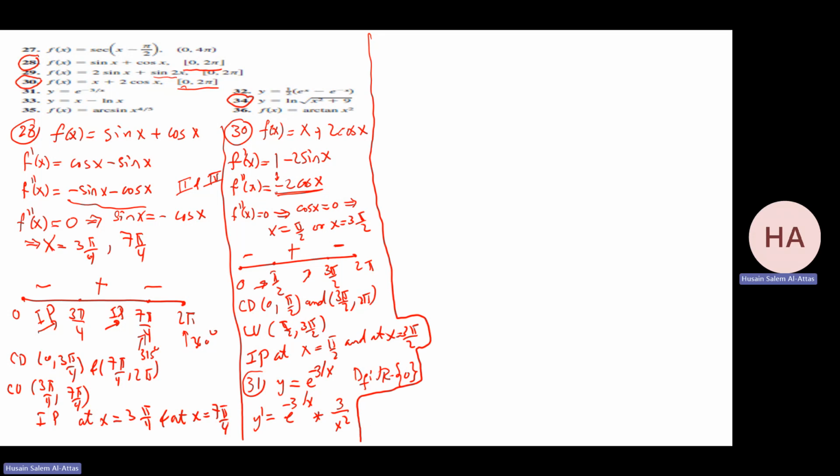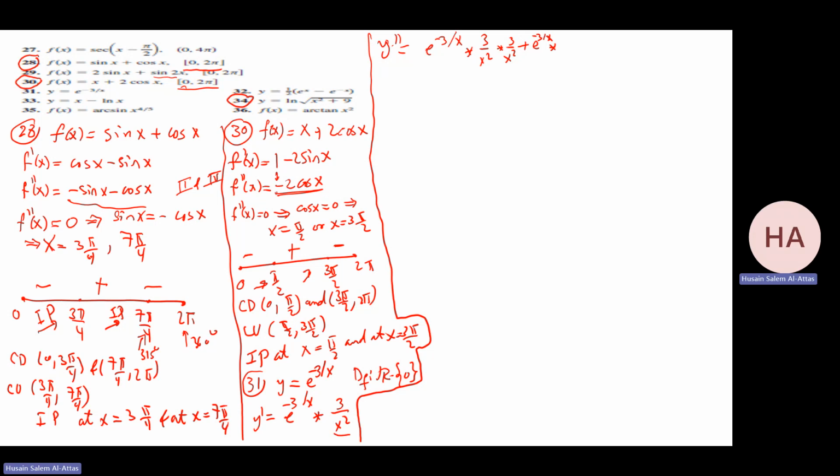Now we need to find y double prime. It's a product of two functions. So I have y double prime: derivative of the first is minus 3 over x, times 3 over x squared, times the second, plus minus 3 over x times the derivative of this.